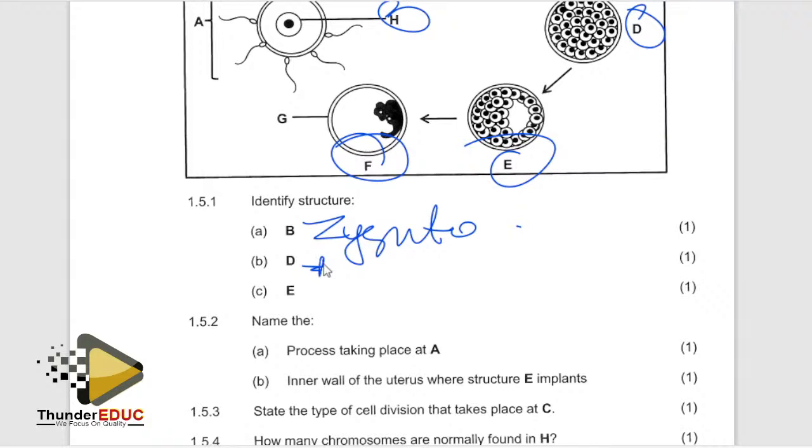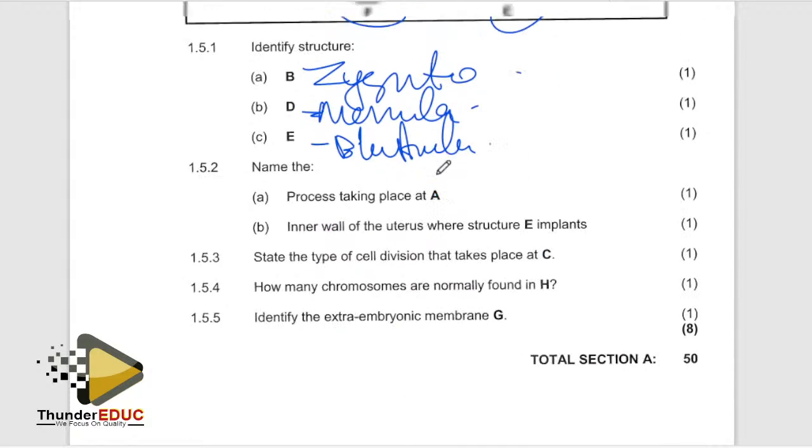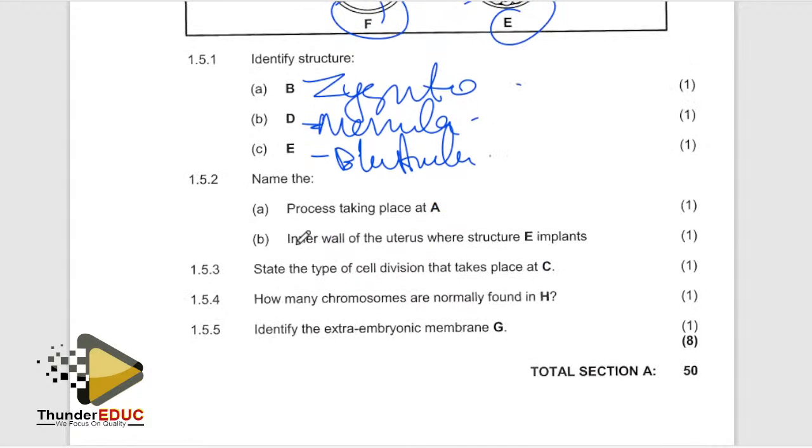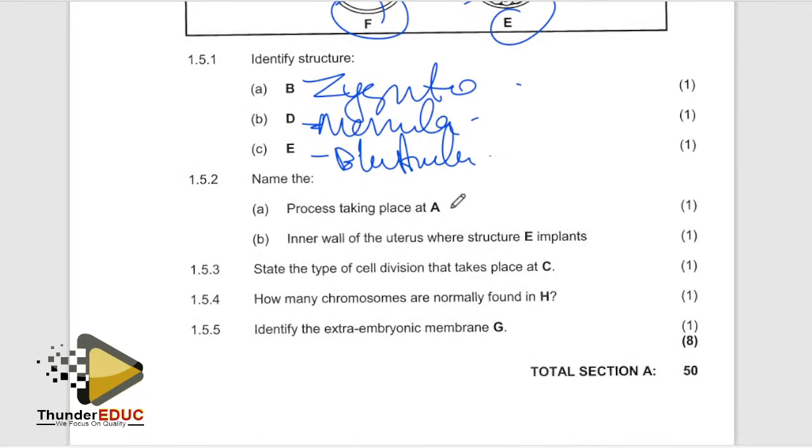Then E is a hollow ball of cells, which is blastula or blastocyst. It's fine as long as the spelling is correct. Name the process taking place at A, that is fertilization.